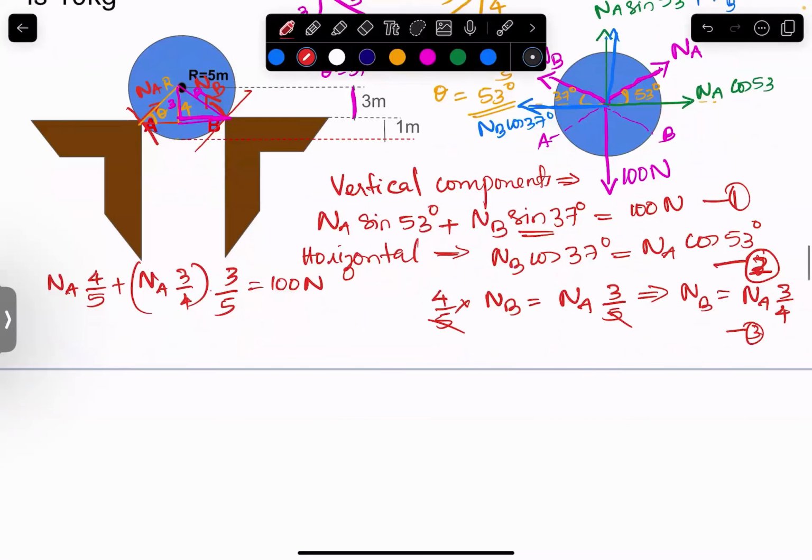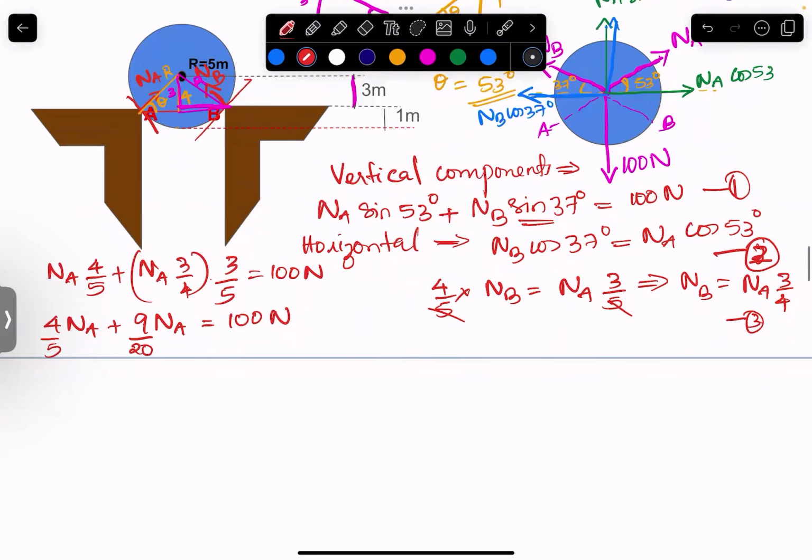You can easily solve for NA. So how to solve for NA? So 4NA plus 9NA, so you have to take it like 9NA by 20 and 4NA by 5 equals 100 Newton.